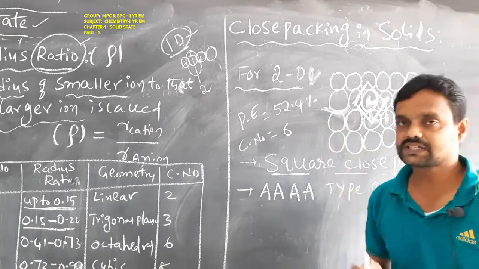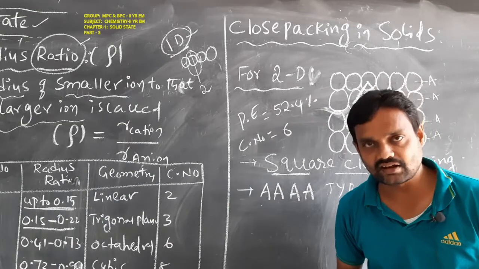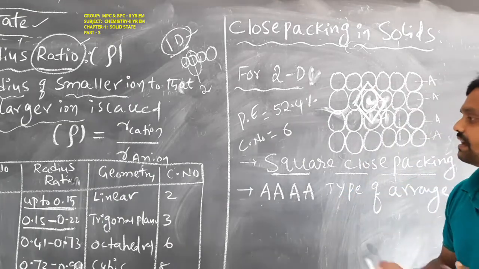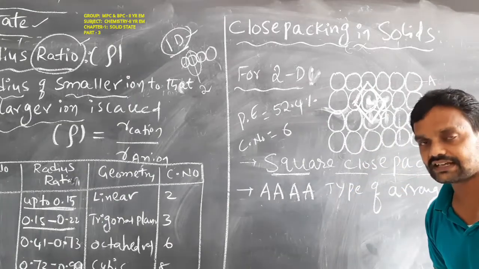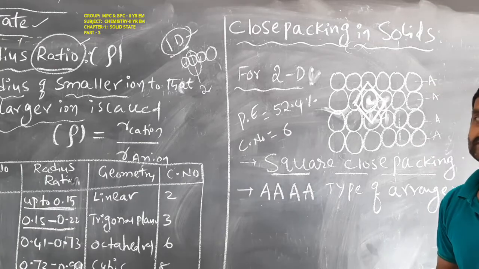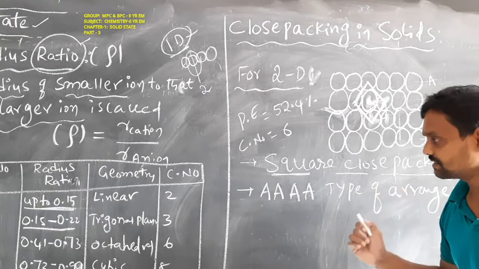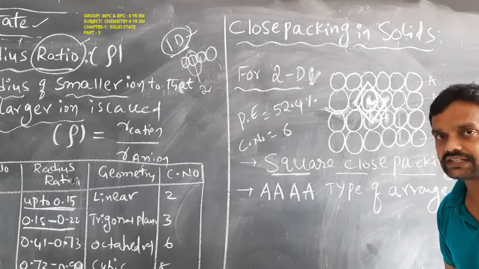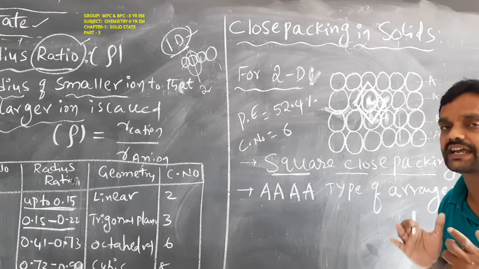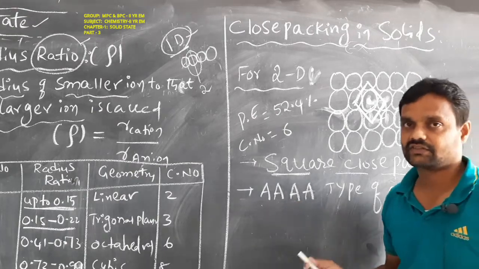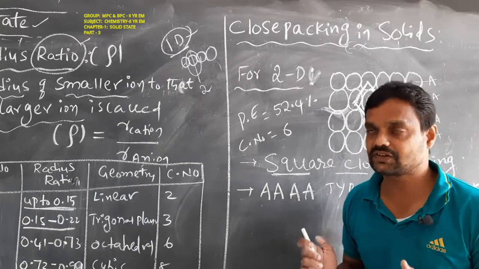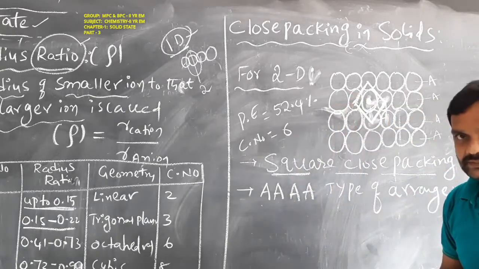So for two dimensional close packing in solids, the close packing name is square close packing, and it is also an AAA type of arrangement. All rows are the same type of arrangement. For example, the first row is A type arrangement.